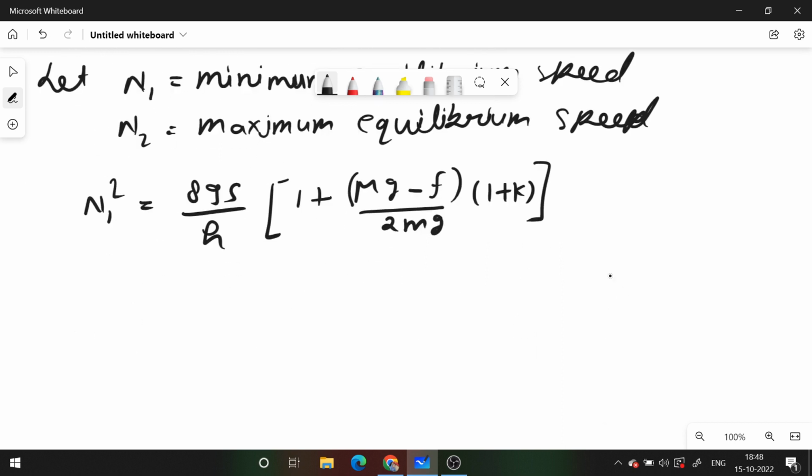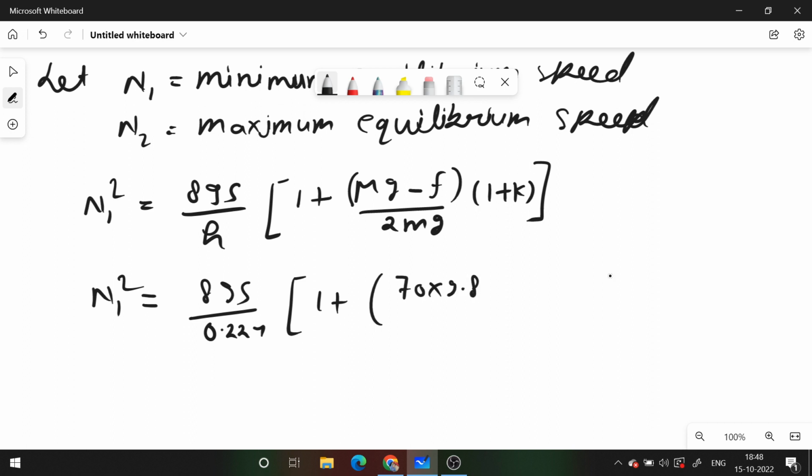So from here N1 square is equal to 895 upon h is 0.224, 1 plus capital M is 70, G is 9.8, minus F is 20, divided by 2 into 10 into 9.8, 1 plus 0.705.